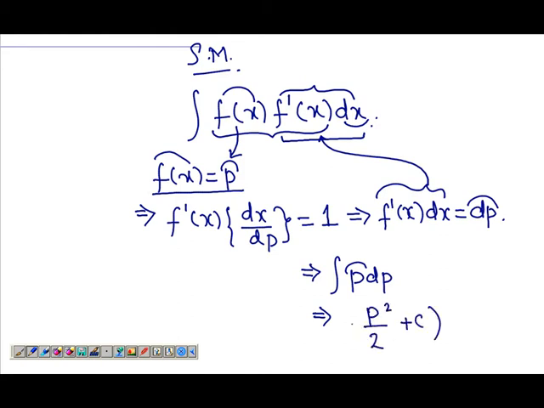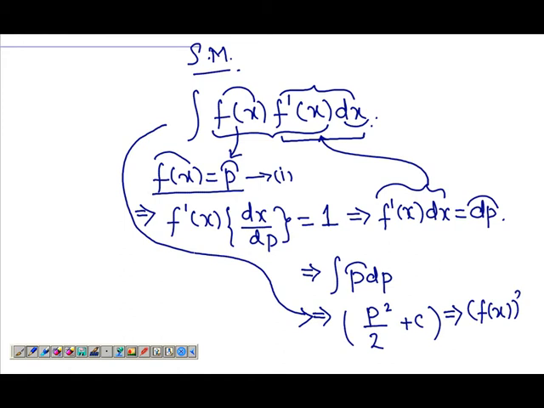So what we're doing here is converting the integral into a form that we are already familiar with, and then we can just replace p by f of x from equation 1. So you get f of x squared over 2 plus c. That's your answer. You can just put in f of x, whatever it's given to you.